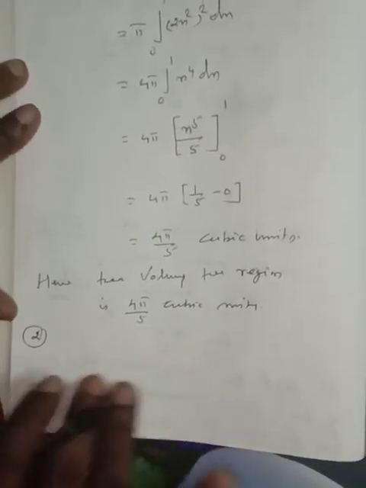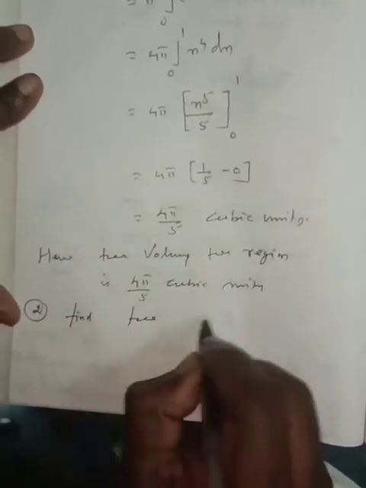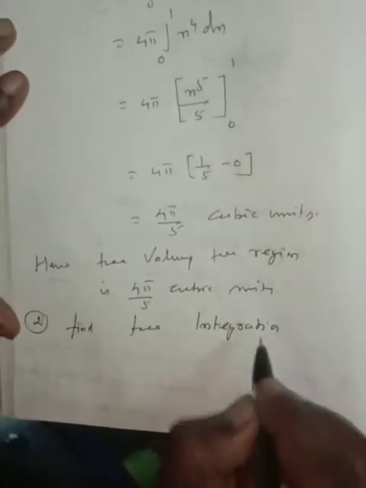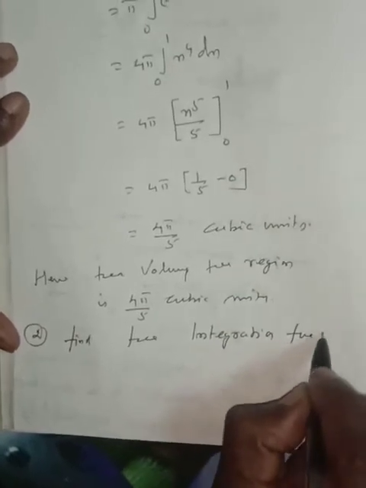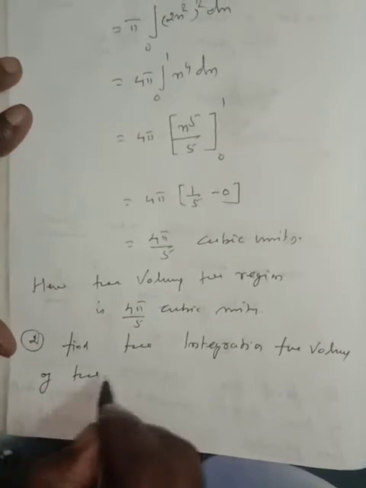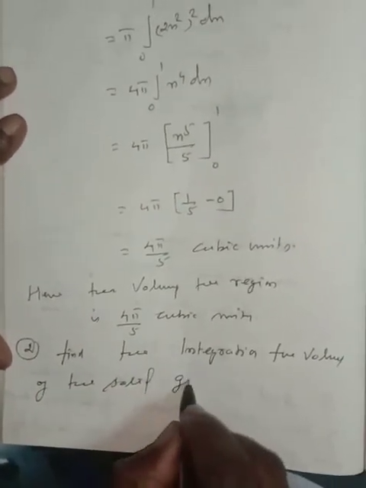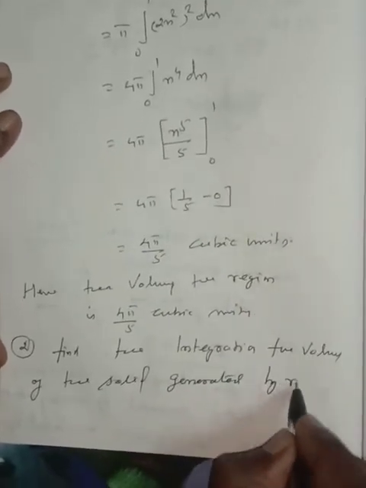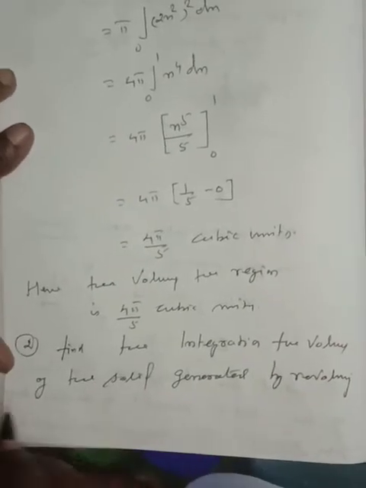Find the volume of the solid generated by revolving about x-axis.